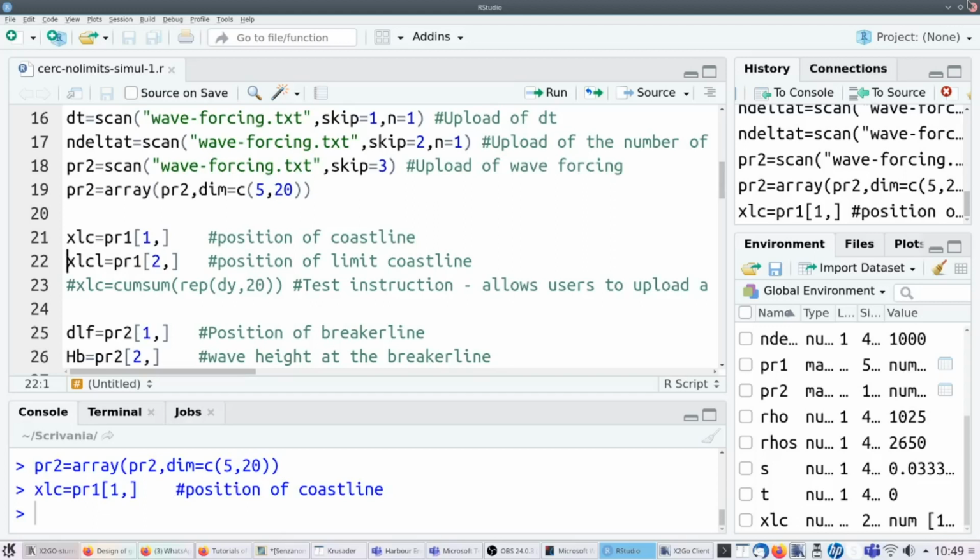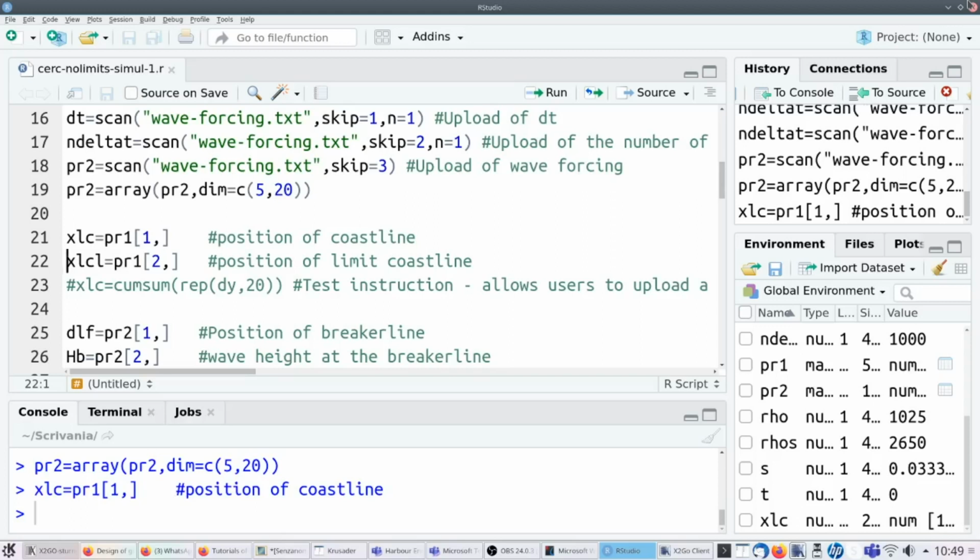It is not the y coordinate. Actually, what I get in the geometry of the coastline file is 2 columns of x coordinates, and the y is just given at a regular step of 150 meters. So I don't need to give the y, because the y is already known.